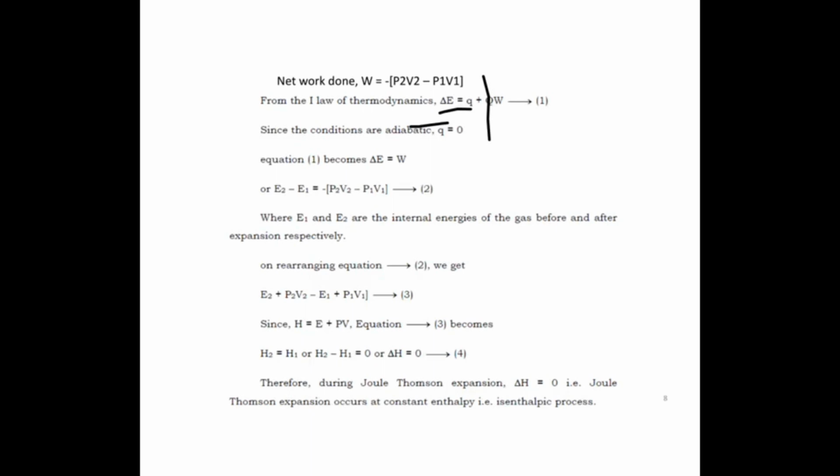Q is the small q, it refers to the quantity of energy supplied to the system, and W is the work done by the system. That is from the first law of thermodynamics: delta E is equal to Q plus delta W.